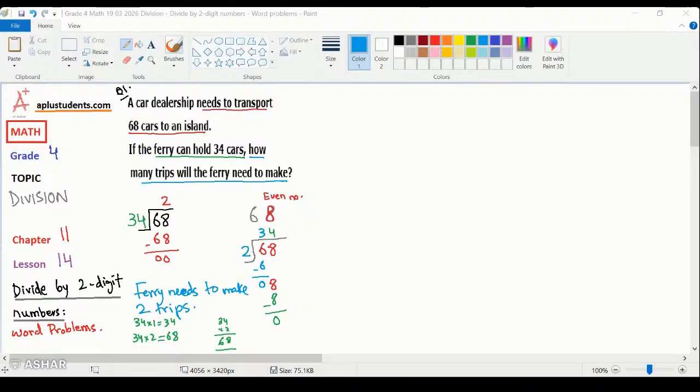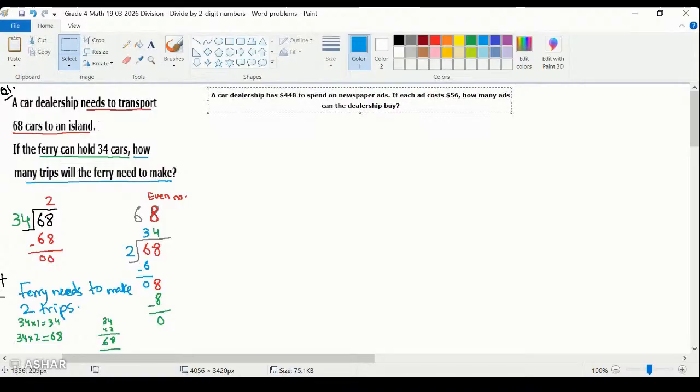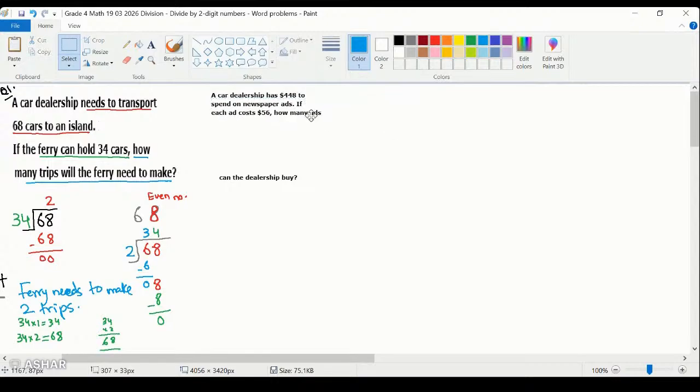Okay, let's have a look at another example. A car dealership has to spend this much money on buying ads. If each ad would cost this amount, how many ads can the dealership buy?